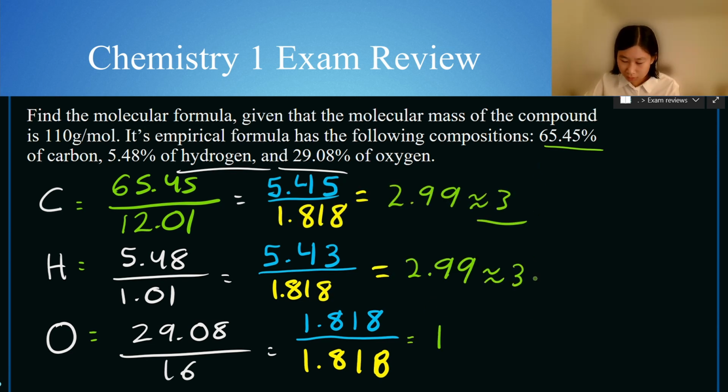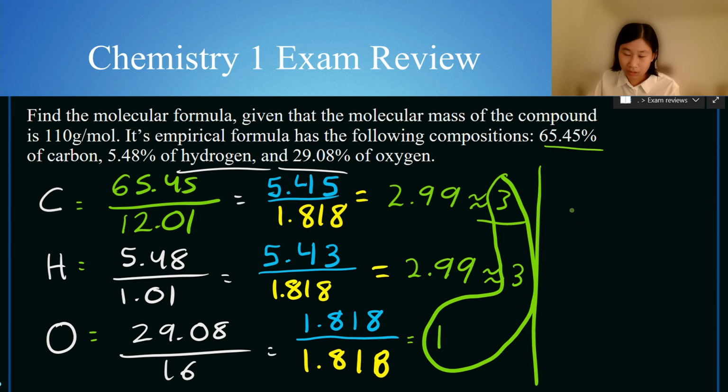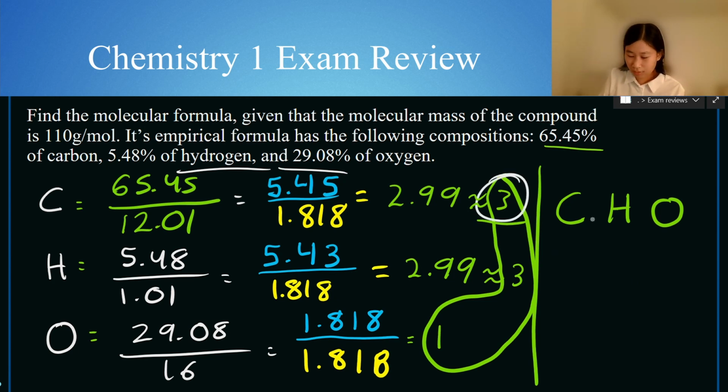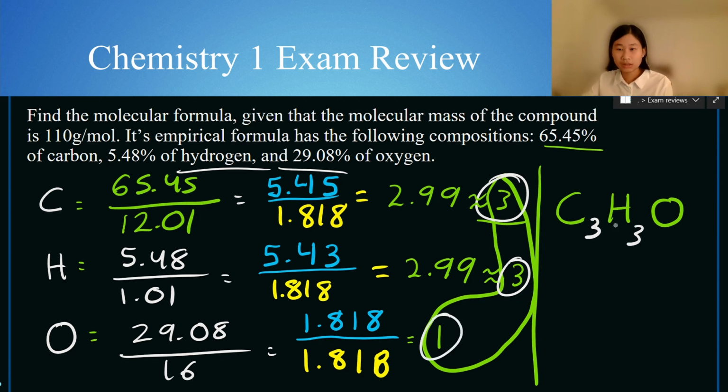These numbers in green are going to tell you the subscripts of each element. In our final formula, we're going to have C, H, O, and the question is how many C's, how many H's, and so on. This is telling us we're going to have 3 C's, 3 H's, and 1 oxygen. So C3H3O should be the empirical formula for this question.